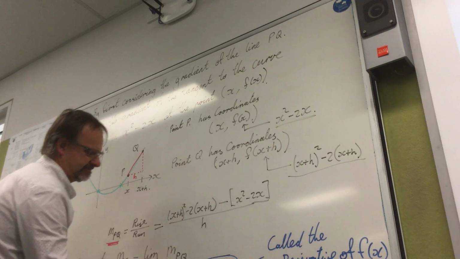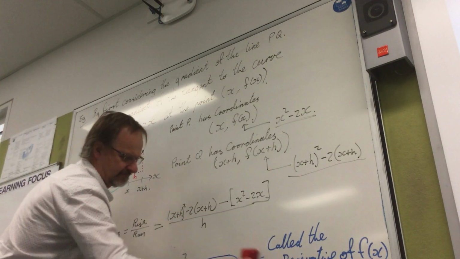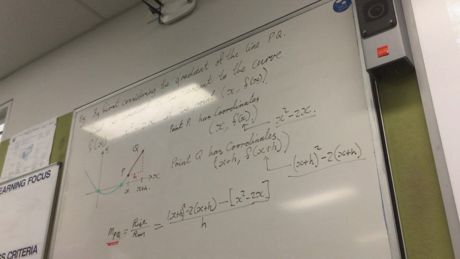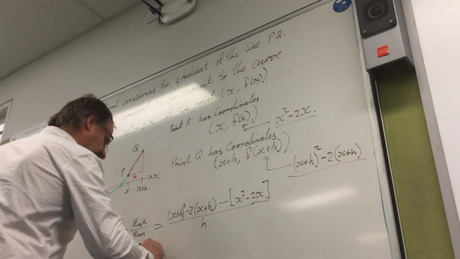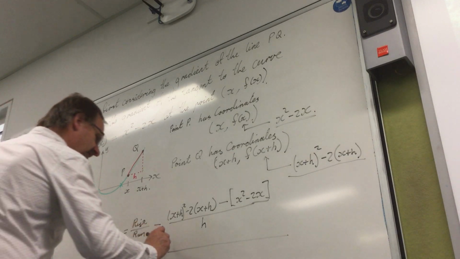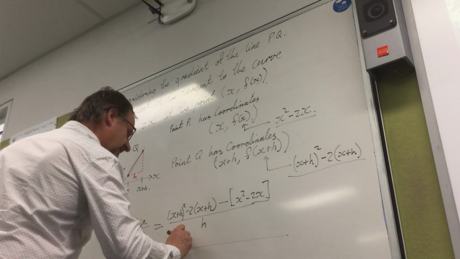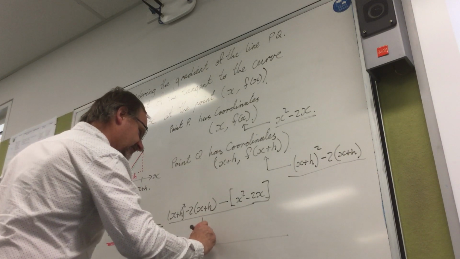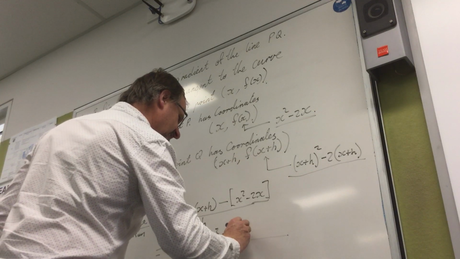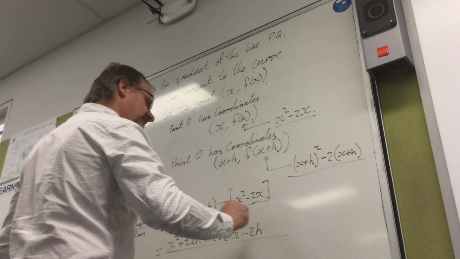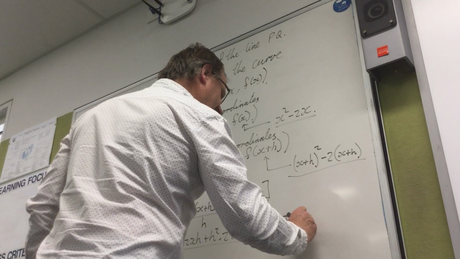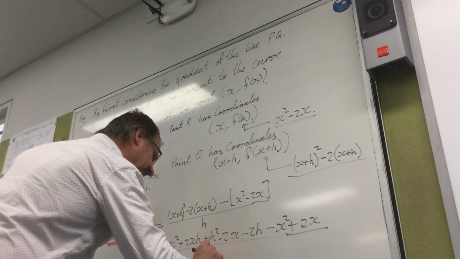Right, let's get rid of this. Now we've got to expand all that stuff. It's just a bit of messy algebra, nothing difficult, and when you do that, you get x squared plus 2xh plus h squared minus 2x minus 2h, then minus x squared plus 2x, all over h.